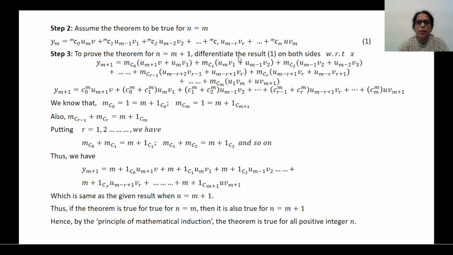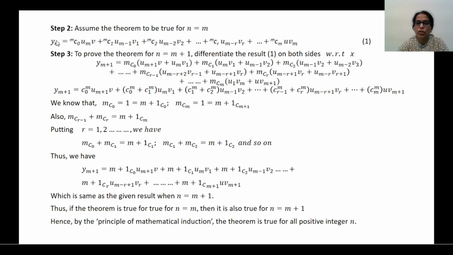In the next step, we shall show this result is true for n equal to m plus 1. For that, differentiate this equation, that is equation 1, with respect to x.